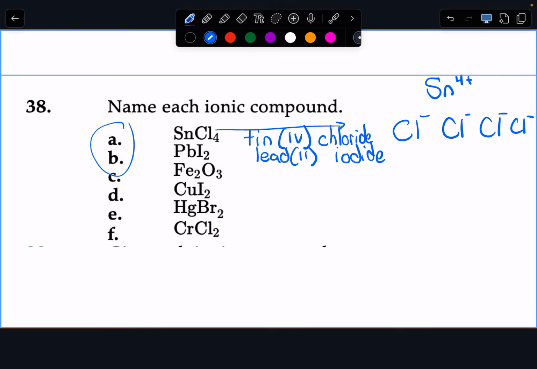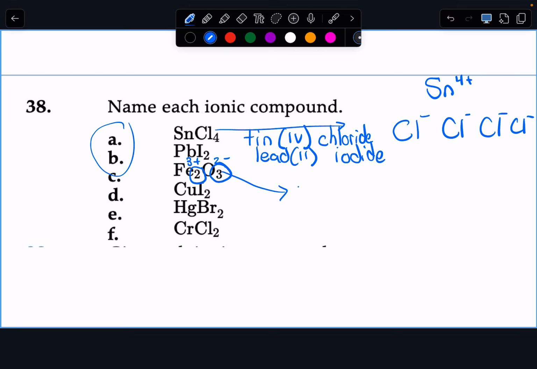And then maybe just as a reminder for C, when you get these more complicated ones, or really you could do it for the simpler ones too, the easiest way to identify this is take the number that's opposite. That's going to be the charge up here, which is what we would expect it to be. Oxygen should be -2. And then that 3 can come up to the iron and tell us that that's iron 3.